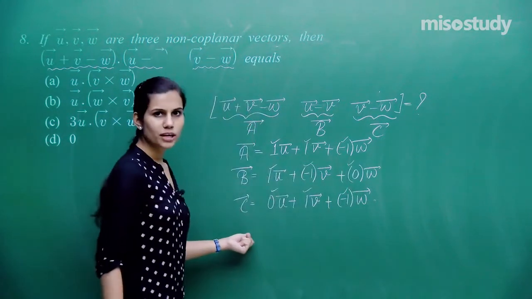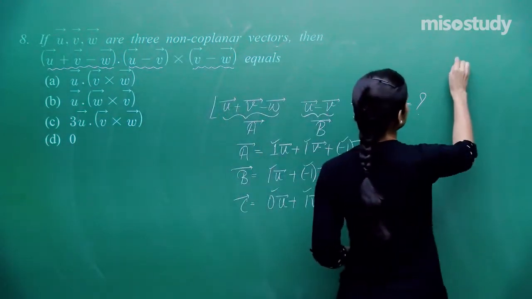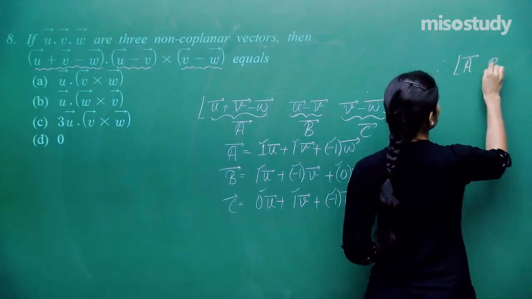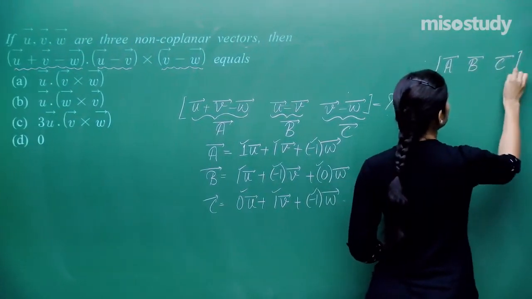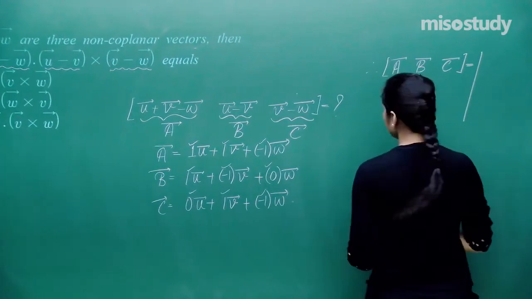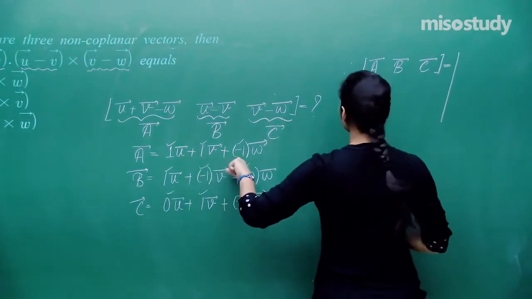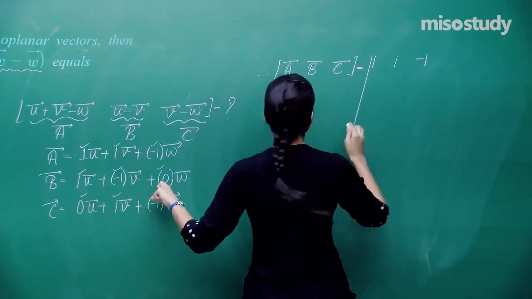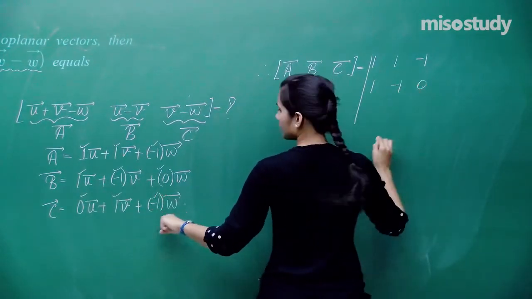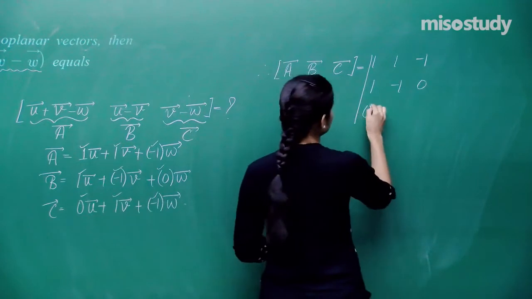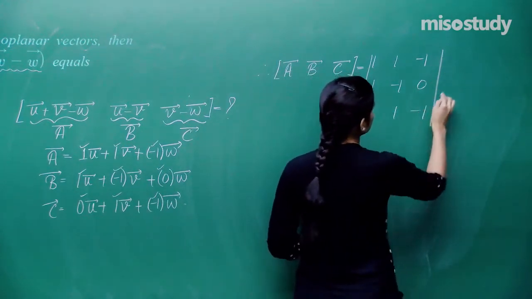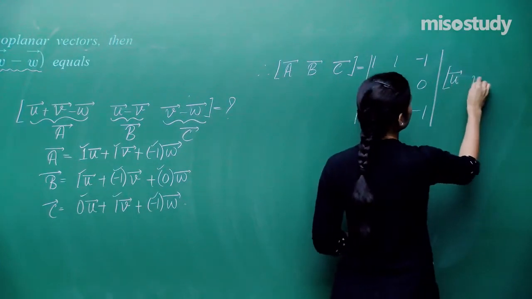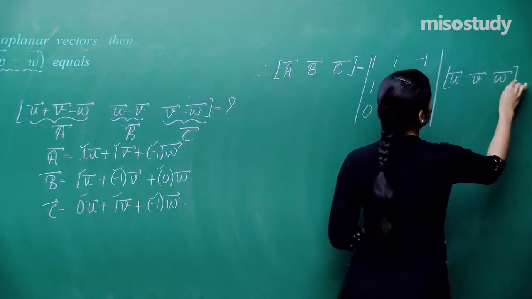therefore the scalar triple product of ABC will be what? The scalar triple product of A vector, B vector, C vector is equal to the determinant of 1, 1, minus 1, 1, minus 1, 0, 0, 1, minus 1, times the scalar triple product of u vector, v vector, w vector.